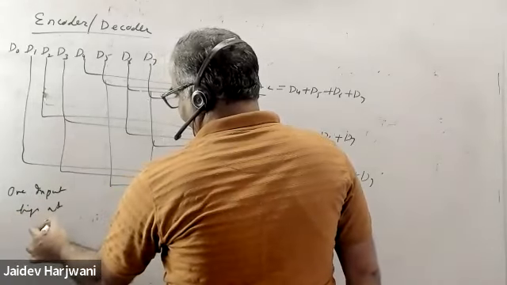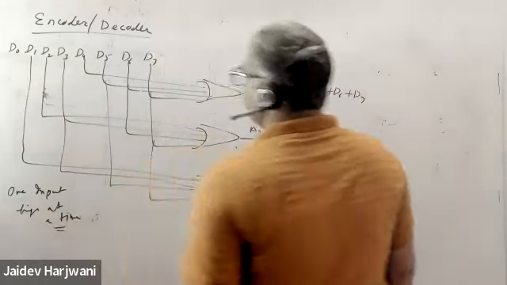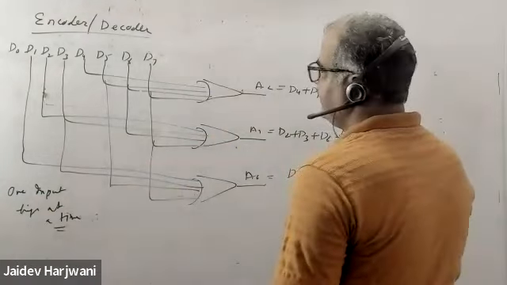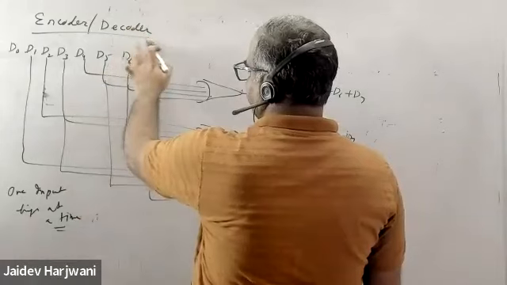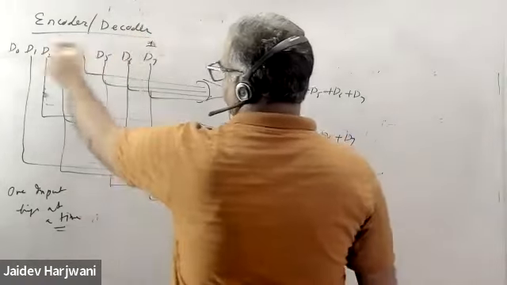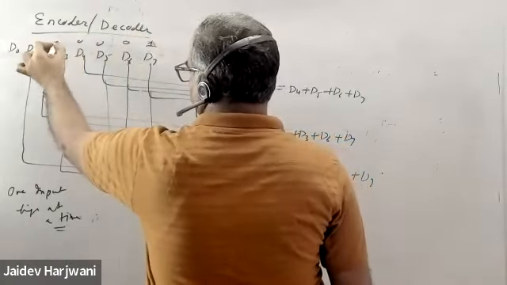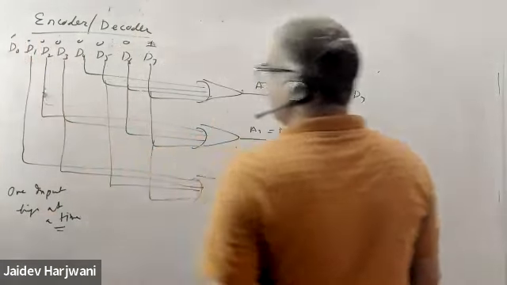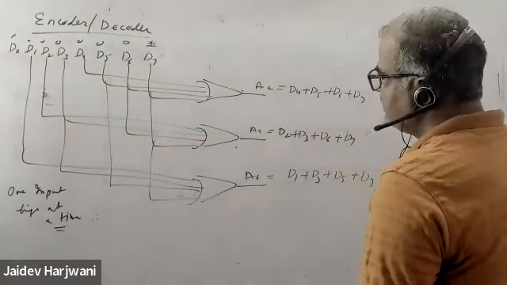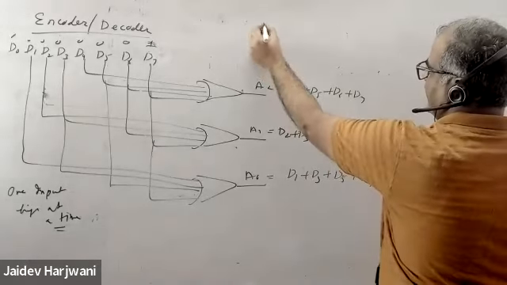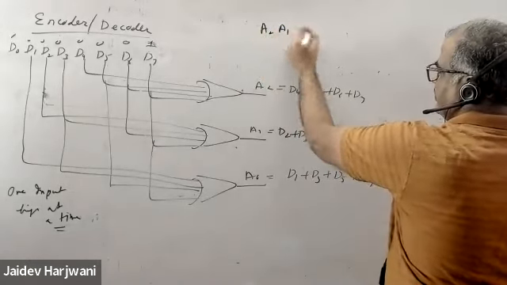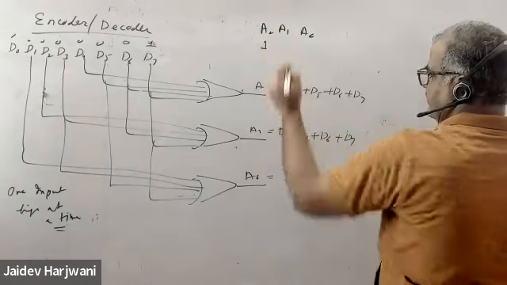So let's say I make D7 high, and all the others are 0. If I make D7 1, automatically the number is A2, A1, A0, so A2 becomes 1.